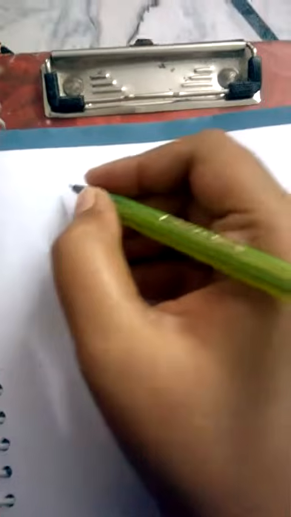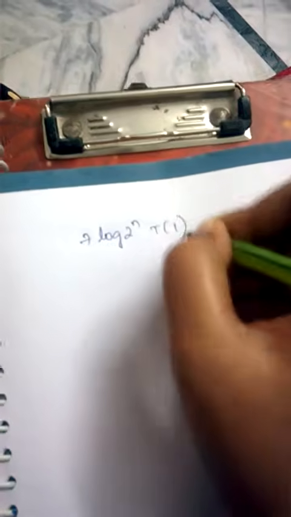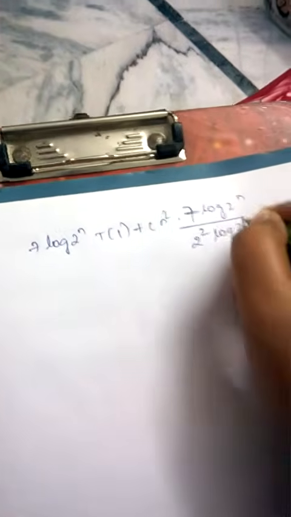The last equation is 7 power log n. The previous equation is this: 7 power log n by, I have written instead of 4, I have written 2 square power log n.